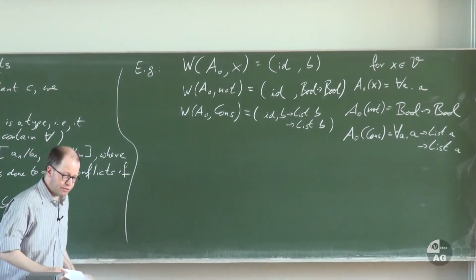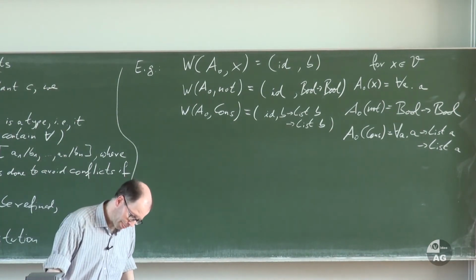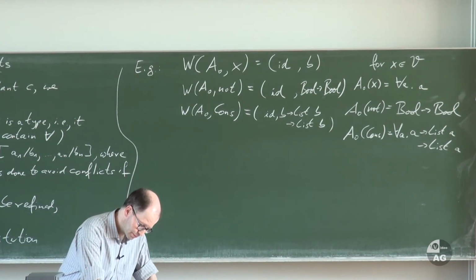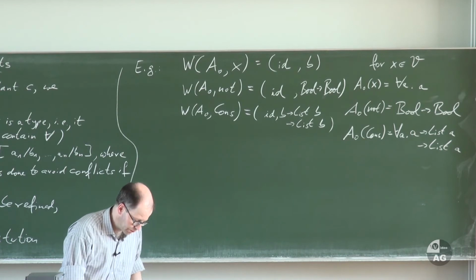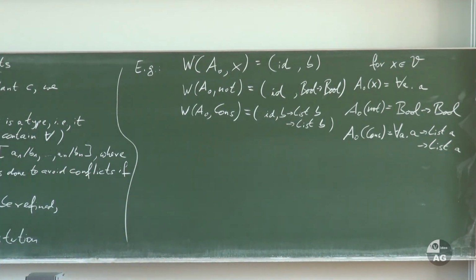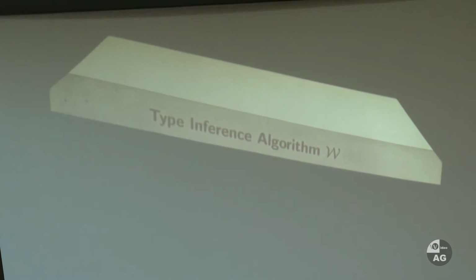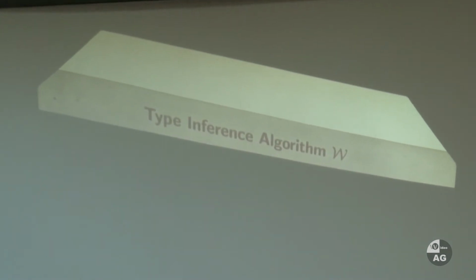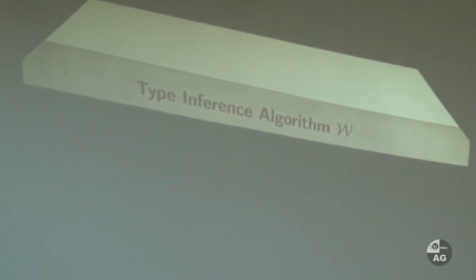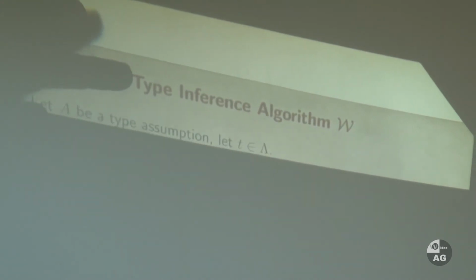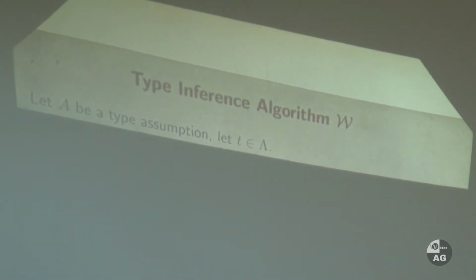So in the type inference algorithm, we now get the following. Let me construct this algorithm step by step on the slide. So the type inference algorithm, what does it do? Well, it needs as input a type assumption and a term.